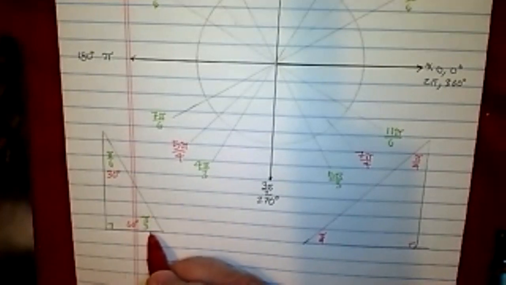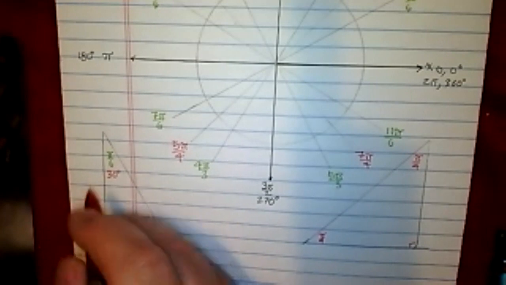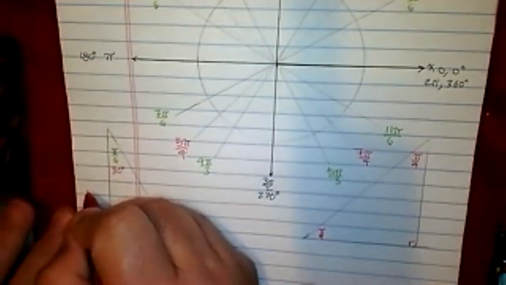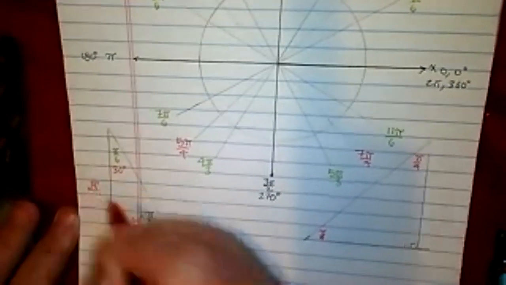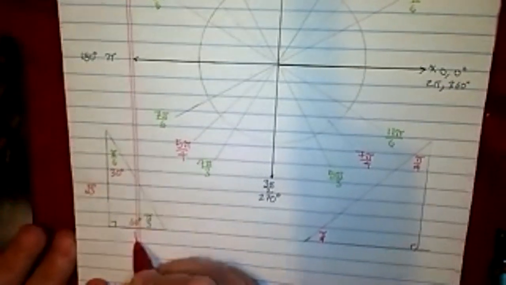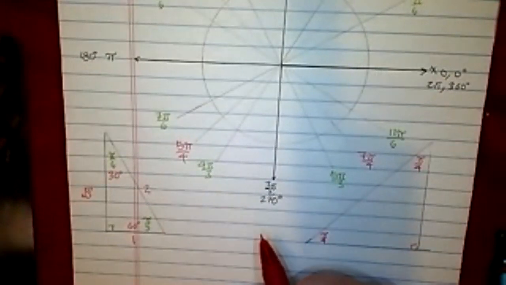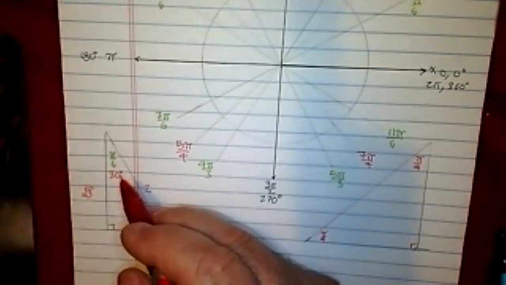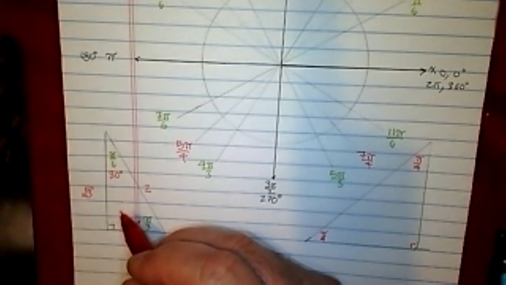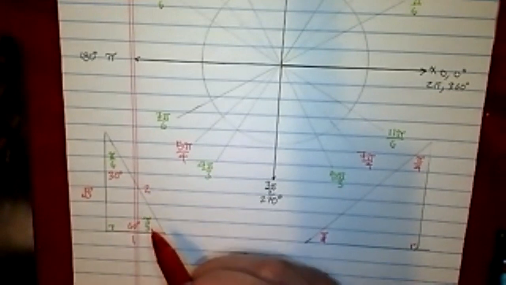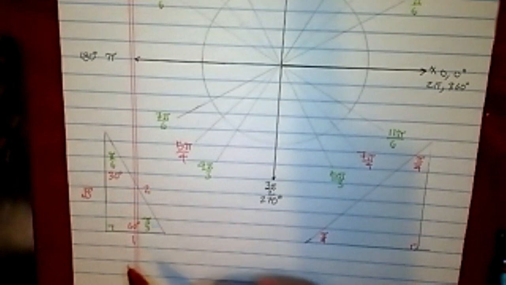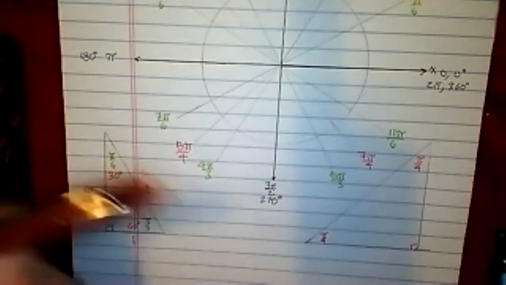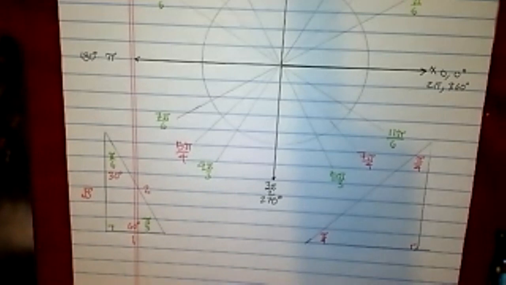So when you draw this triangle, the pi over 3 is the bigger angle, and it's opposite the bigger side, which happens to be the square root of 3. This one just happens to be 1, and this one's 2. So if you just memorize that triangle, you can now find the sine, cosine, tangent, cotangent, secant, cosecant of pi over 3, pi over 6, and technically 30 degrees and 60 degrees, but we're working more with the radians right now.